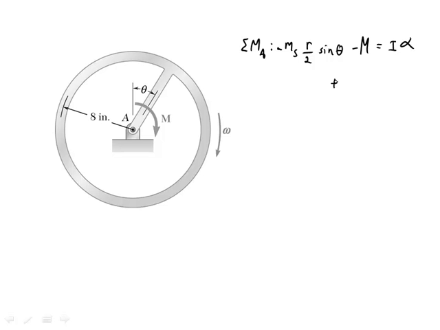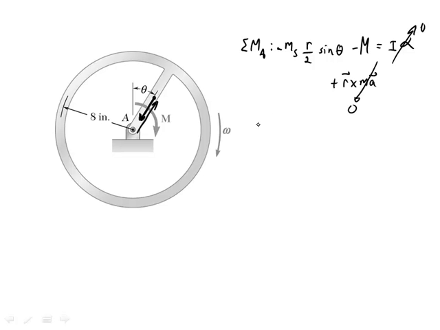Now I'm going to say plus r cross ma, but keep in mind the only ma that existed was along the radius. So r is out, the ma is in, and this cross product will be 0. Also remember alpha is equal to 0, so I don't even need to worry about the moment of inertia of this system. It's undergoing constant rotation, so alpha is 0.